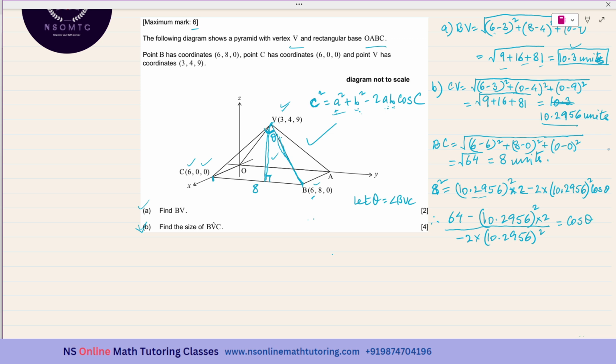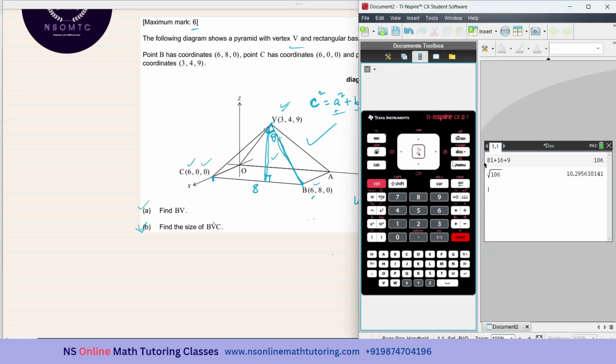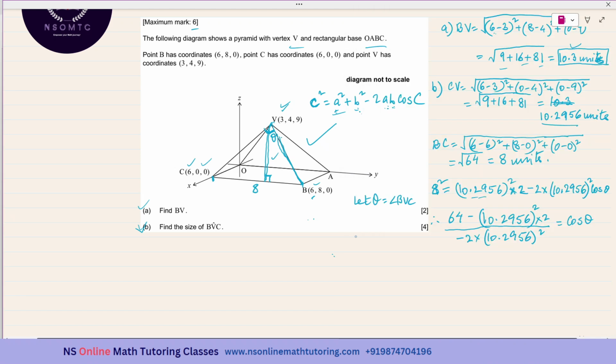Let us find the value. Okay. So it is 64 minus 2 times 10.2956 whole square. Okay. And this is minus 2 times this.